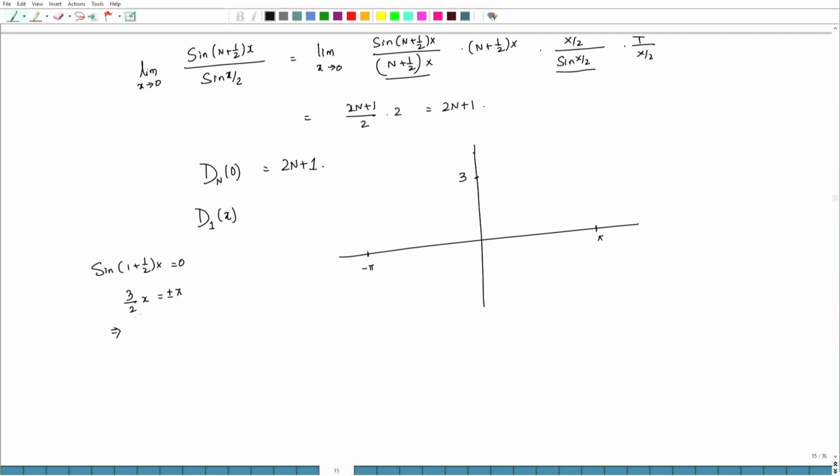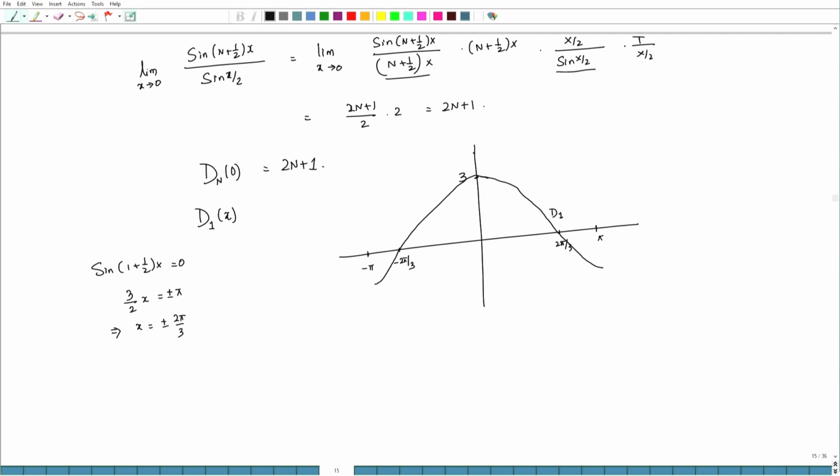This will imply x is equal to plus or minus 2 pi by 3. So, now this is 2 pi by 3 and then this is minus 2 pi by 3, and D_1 of pi is a negative number. So, if I draw this graph, it will look something like this. This is our D_1.